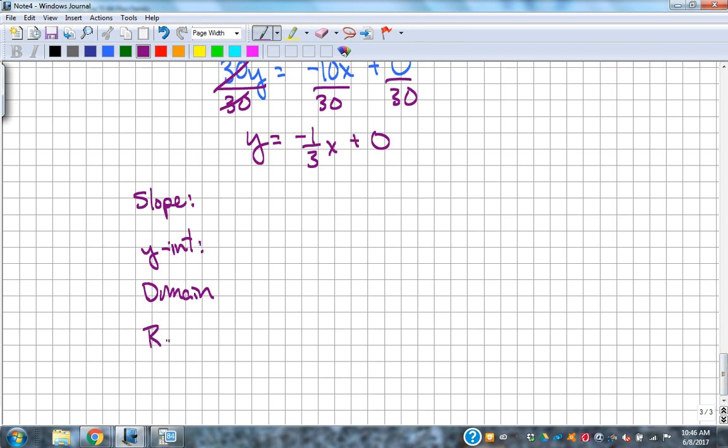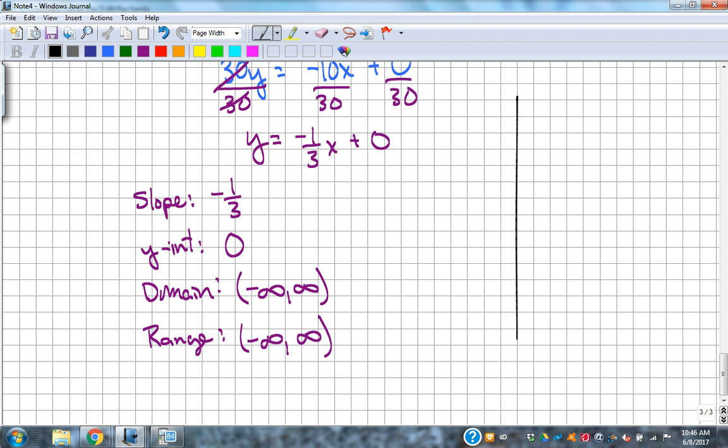Which domain and range are both what? Yeah, negative infinity to positive infinity. What's the y-intercept for this one? 0. And the slope? Negative 1/3. Okay, so that makes this one not too bad to graph.